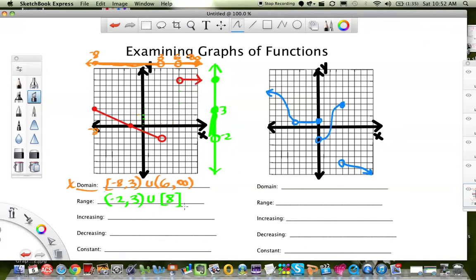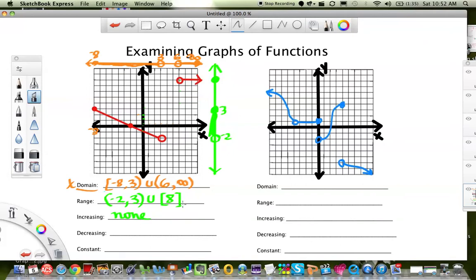With my constant. Okay, so now I'm going to look at where this function is increasing and where it is decreasing. Remember, my function is the line, or the lines all in red here. And there's really no place where it's increasing, so there's just nothing to write. Okay, there's none.